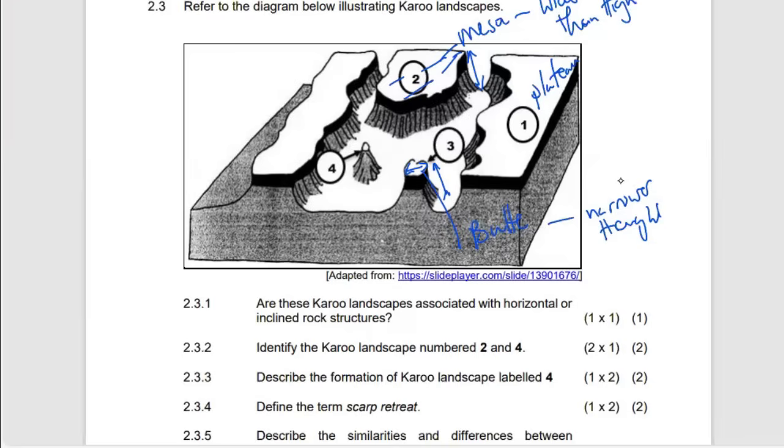And also mind, this is what we call the Cape Rock. The hard and resistant rock on top of this landform is called the Cape Rock, and it is the one that sustains the softer rocks underneath. Because there's a protective layer on top, the softer rocks are protected from being eroded. That is why they sustain. However, with time and with the process of backwasting, with the process of scarp retreat, the Cape Rock will gradually be weathered and eroded.